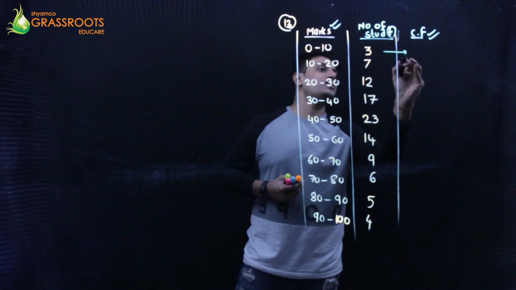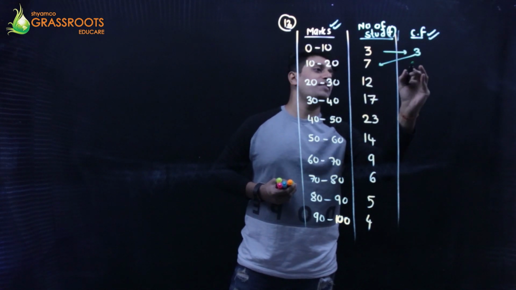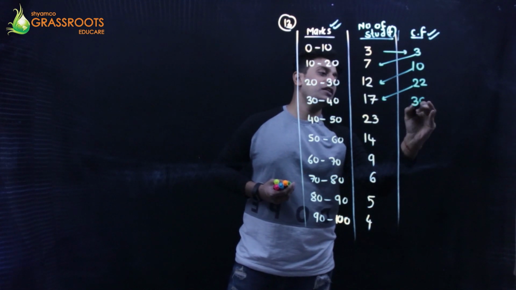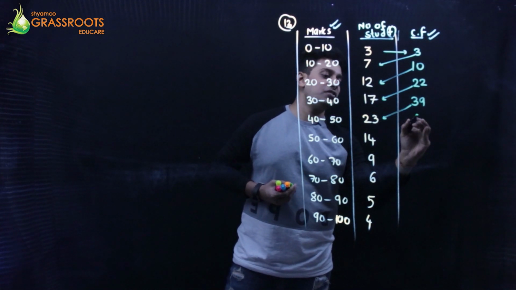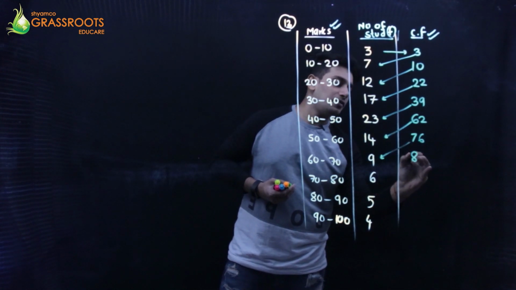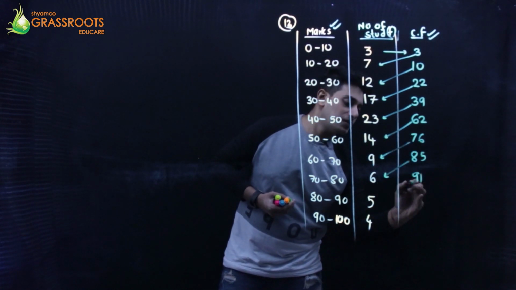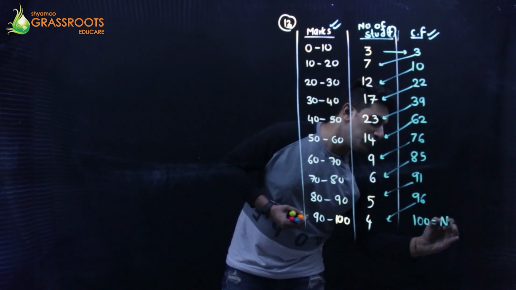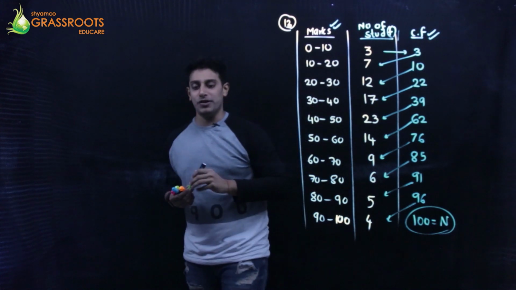So the first one is 3, 3 plus 7 is 10, plus 12 is 22, plus 17 is 39, plus 23 is 62, plus 14, plus 9, plus 6, plus 5, plus 4. That's going to be your capital N, 100.